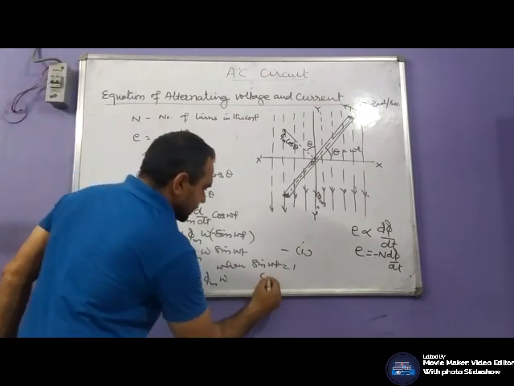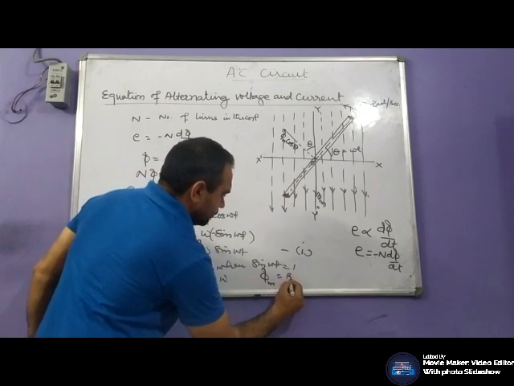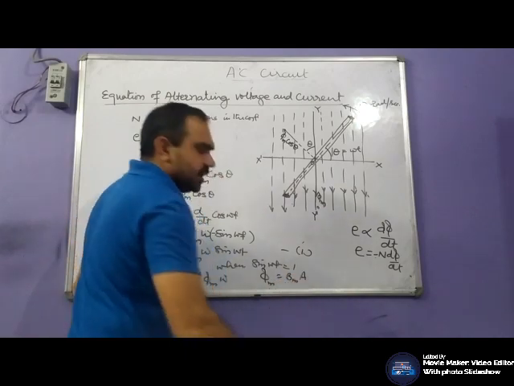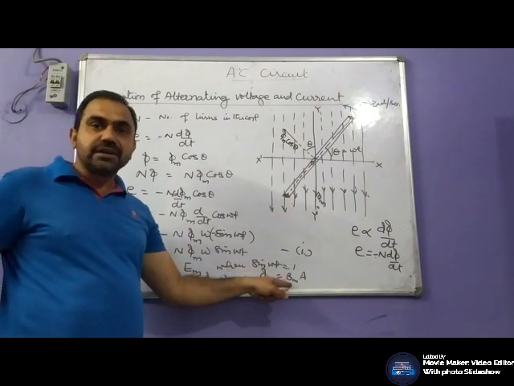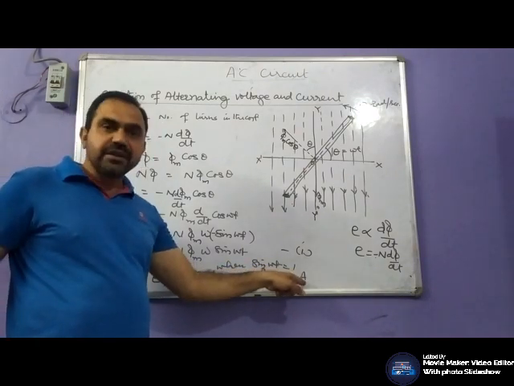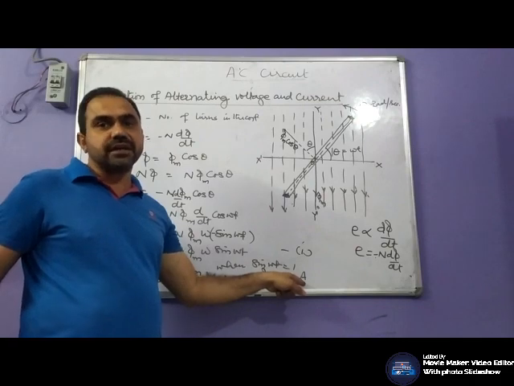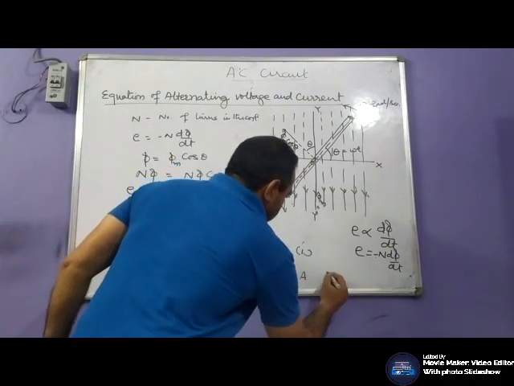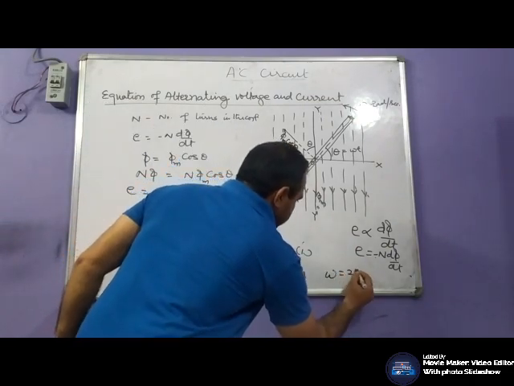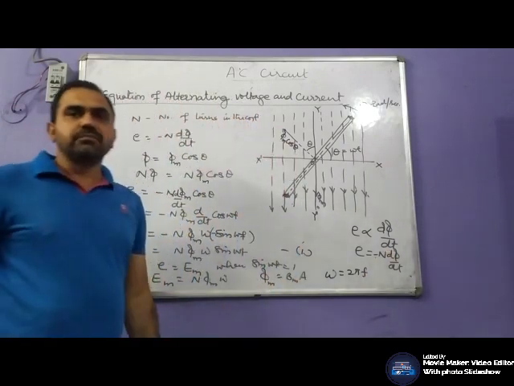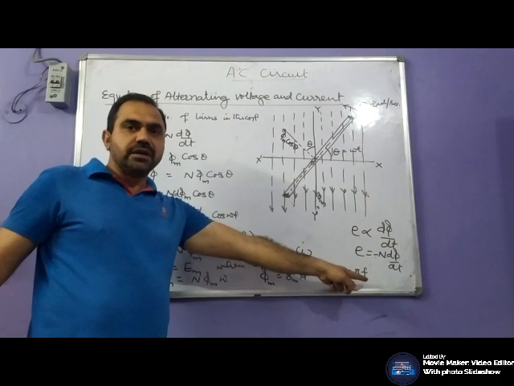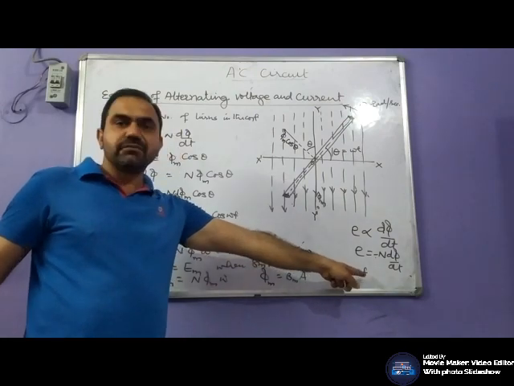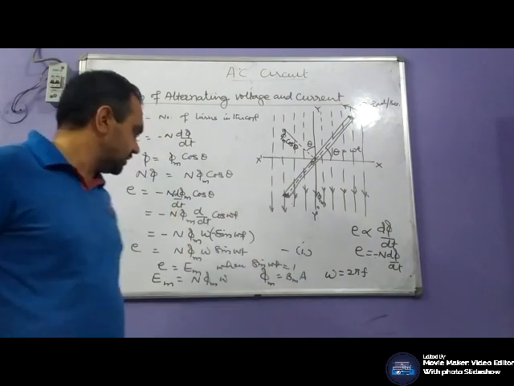This phi m is Bm A, where Bm is the magnetic flux density, A is the cross-sectional area of the coil, and this angular velocity may be represented by 2 pi f, where f is the frequency in hertz.